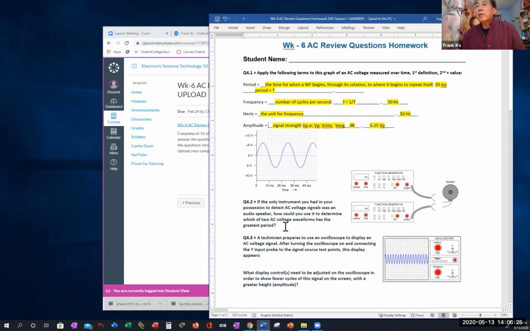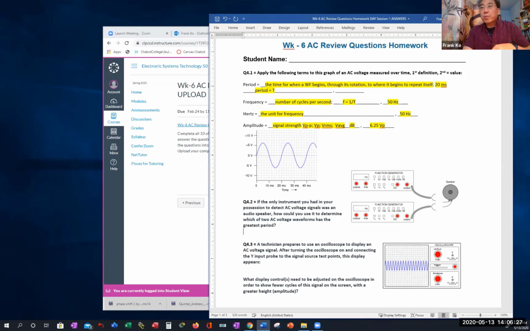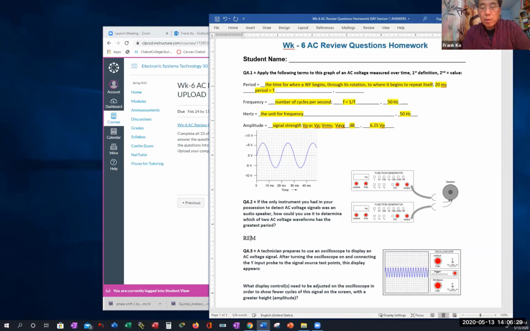So we would have to remember: period equals the time for one cycle.